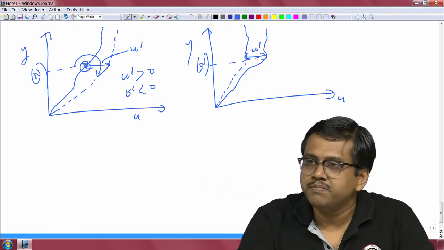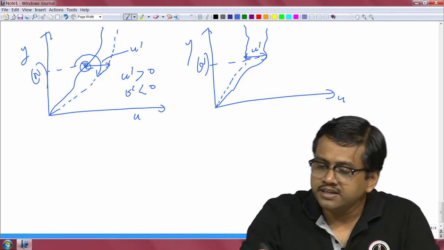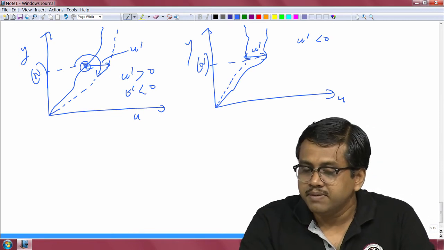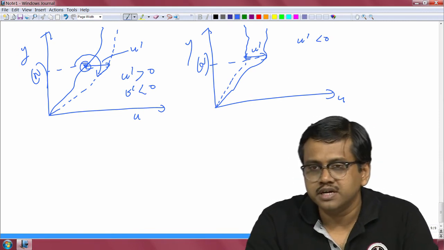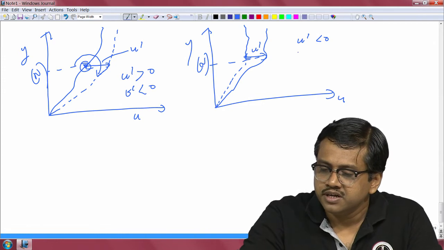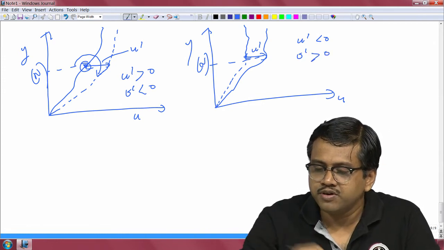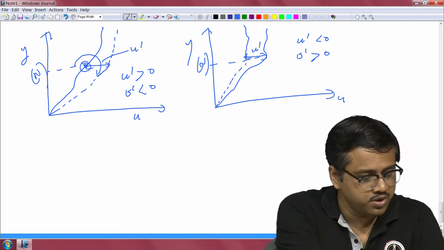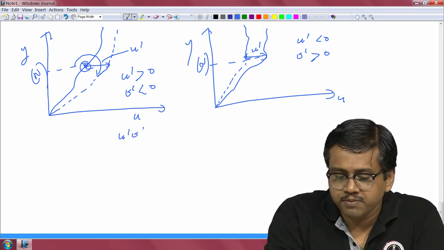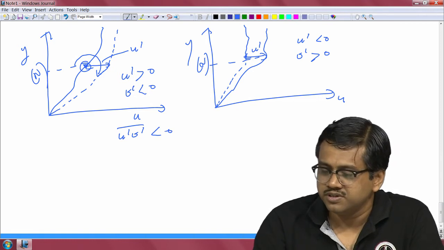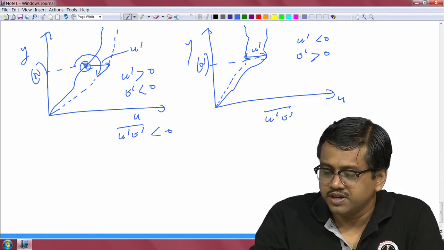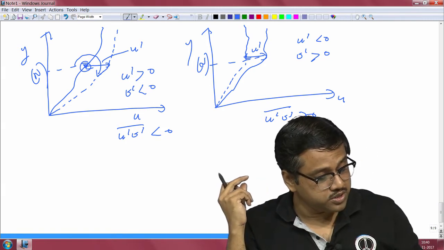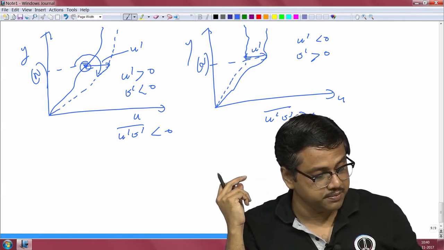On the other hand in this case your u prime is a negative quantity, but it has shifted the boundary layer upward, it has become kind of steeper. So, your v prime is therefore positive. So, in other words, no matter what we do, you will find that u prime v prime here is less than 0, and u prime v prime over here is greater than 0, the correlation of the two. So, this is an interesting statement.